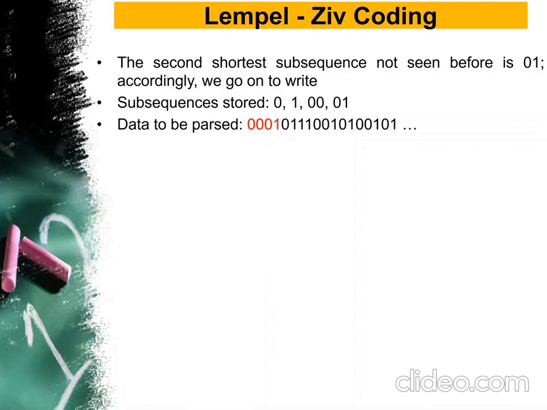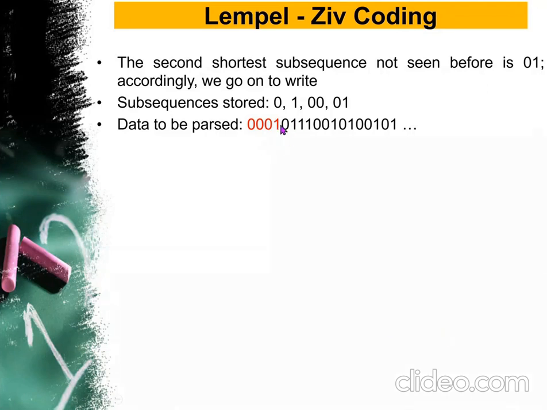When you start doing data parsing, your first digit will be either 0 or 1, right? So one subsequence will definitely be 0 and another will definitely be 1. So every code book will consist of 0 and 1 as its shortest subsequences.